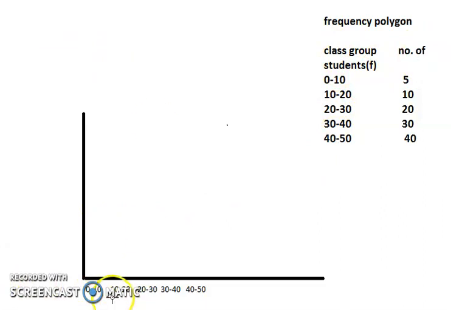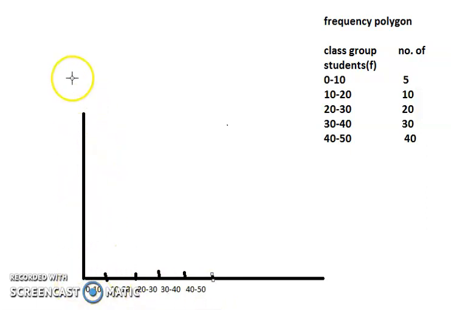Suppose I take a 1 centimeter gap: 0 to 10, 10 to 20, 20 to 30, 30 to 40 and 40 to 50. So these are all my class groups. I will write here 0 to 10, 10 to 20, 20 to 30, 30 to 40 and 40 to 50. Now I need to go for the vertical scale.